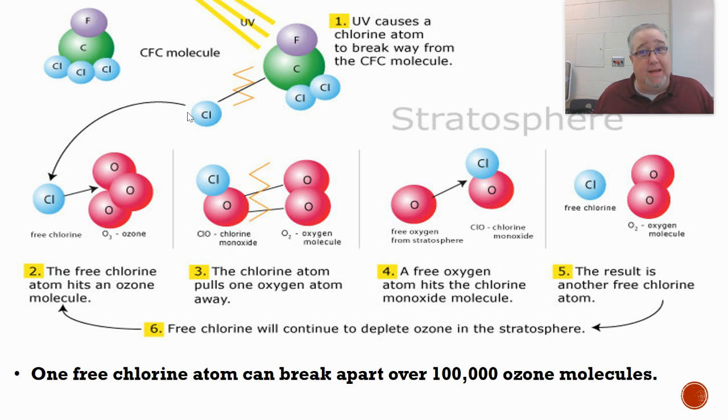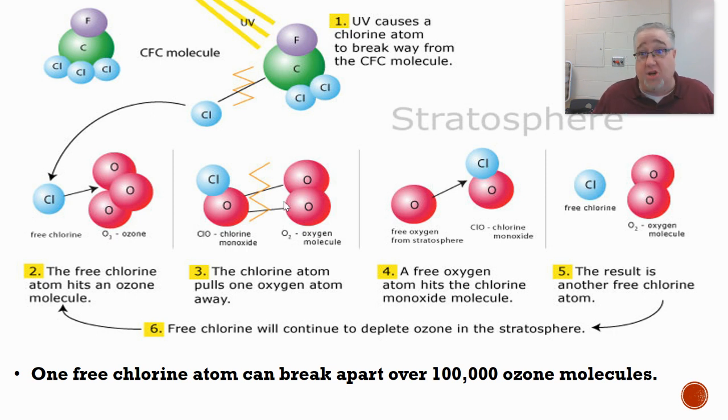Chlorine is really bad for the ozone layer because the chlorine atom has the ability to break apart the ozone. That's not normal. Ozone does break down naturally, but this is an anthropogenic way. We're putting chemicals in the air that also cause ozone to break down. So when that chlorine atom hits an ozone molecule, it actually causes it to break apart.